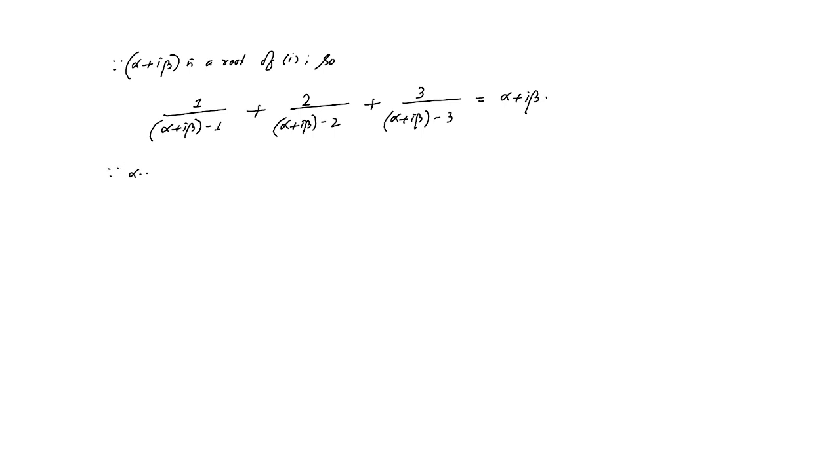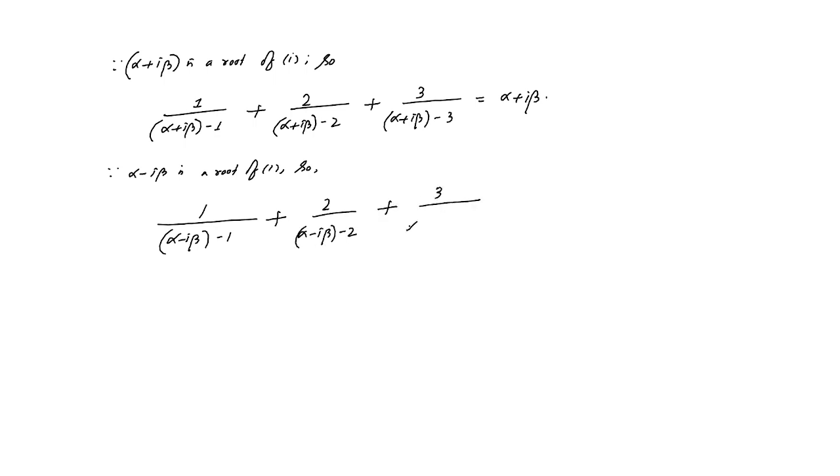Again, since alpha minus i beta is a root of 1, 1 by alpha minus i beta minus 1 plus 2 by alpha minus i beta minus 2 plus 3 by alpha minus i beta minus 3 equals alpha minus i beta. This is equation number 2 and equation number 3.